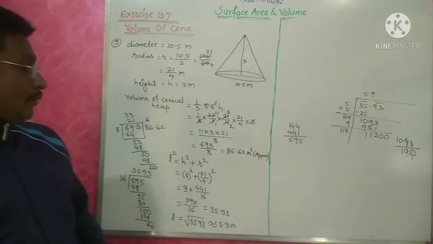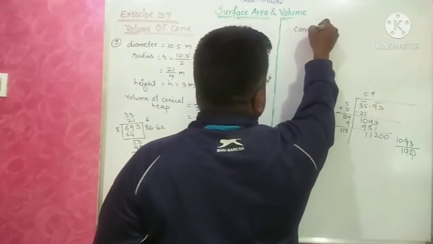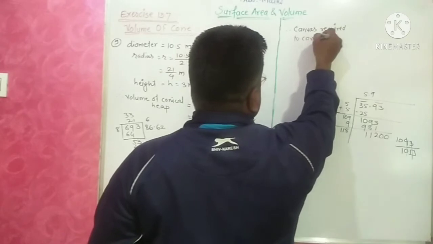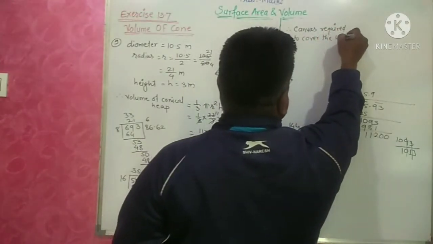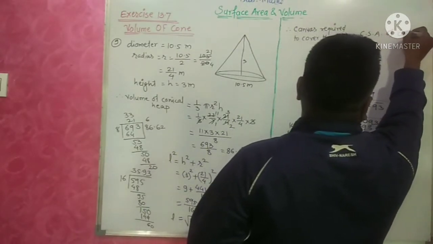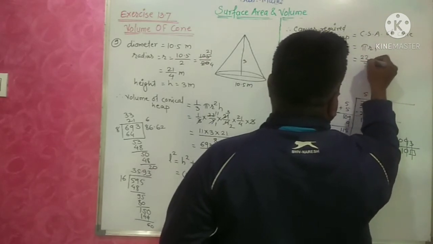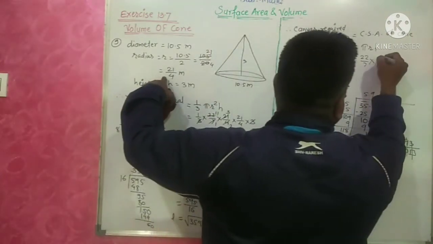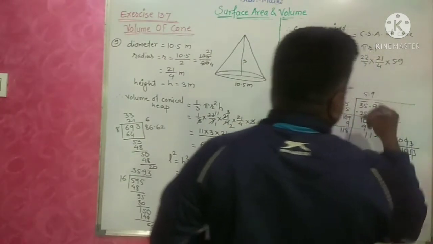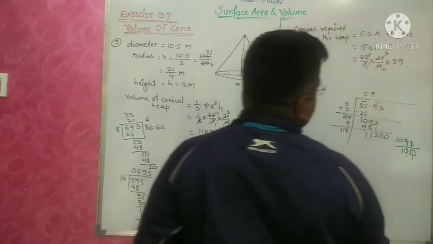Okay students, so now what has to be found? Canvas required. Therefore, canvas required to cover the heap is equal to the CSA of cone. So what is pi r l? 22 by 7. r is given 21 by 4 and l we got 5.9. So 7 1s are 7, 7 3s are 21. 2 2s are 4, 2 11s are 22.